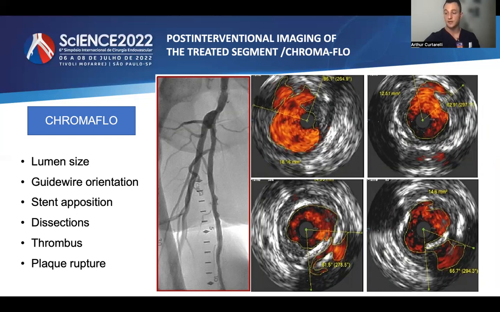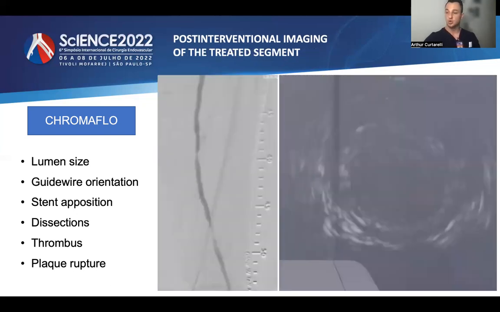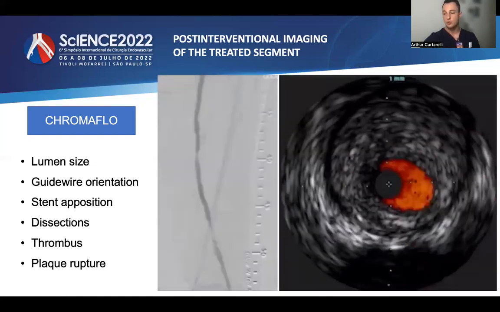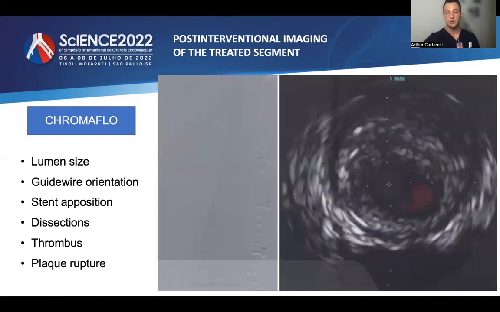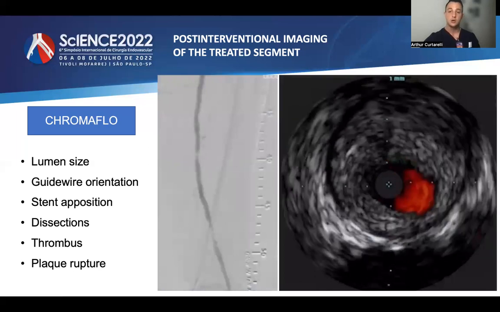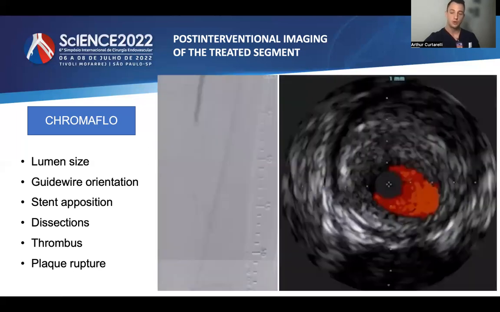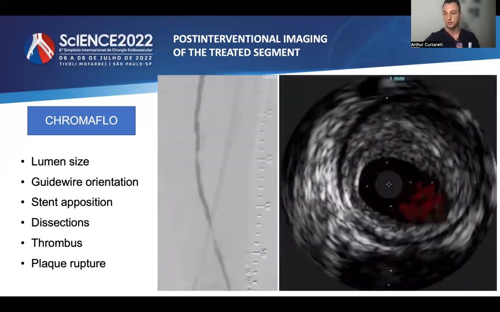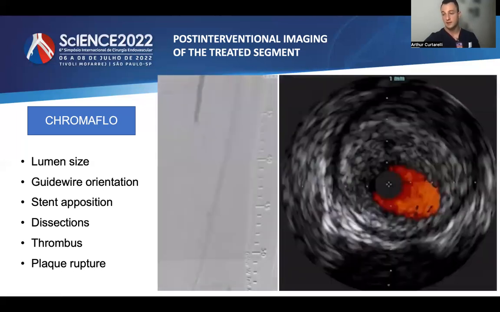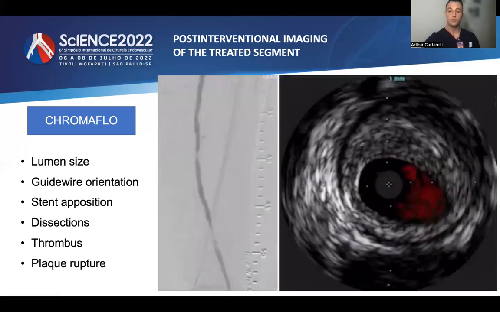Similarly, dissections and geometric miss can be better visualized by IVUS compared with angiography. So look how easy it is to identify the size of the vessel, the residual lumen, and the stenotic region using IVUS, also using ChromaFlow. ChromaFlow is the color mode on IVUS. It's very easy to use, and it is available in IVUS 018 and 014.